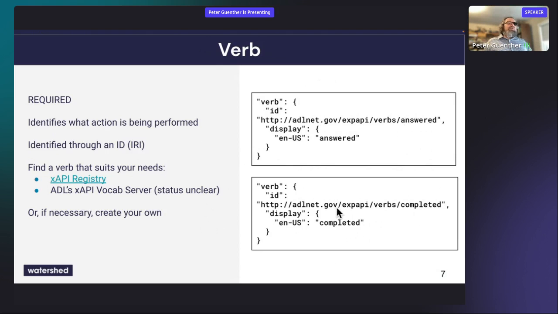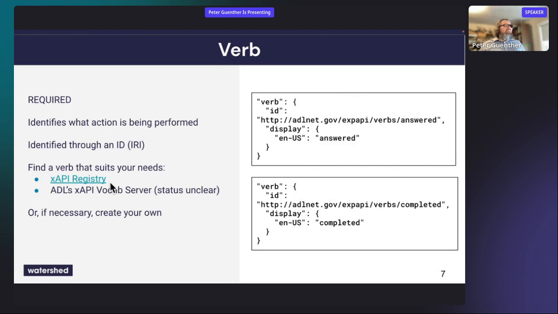But these are 2 examples of verbs. The display is just for making a human readable statement. And most learning record stores are going to identify the main verbs. If I left out answered, my learning record store might well know to translate that to answered in English. And you can do other languages as well.